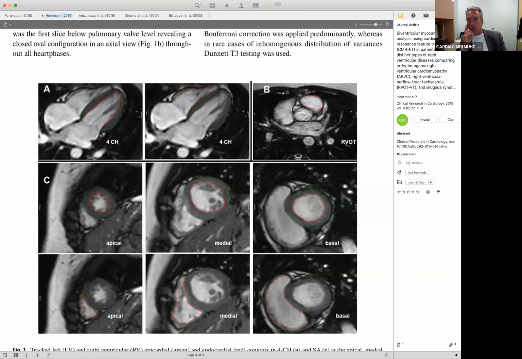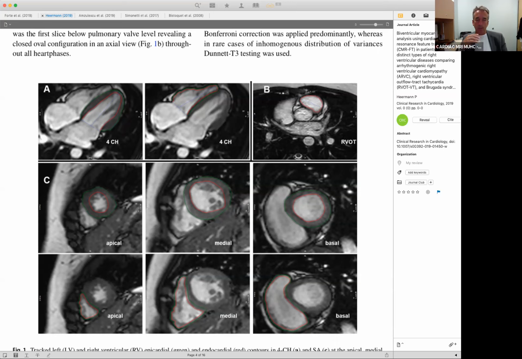There's one question: how can we reduce and improve the inter-observer variability in strain CMR? I think that's a very interesting and good question. I think really reducing the inter-observer variability is almost futile. Why?